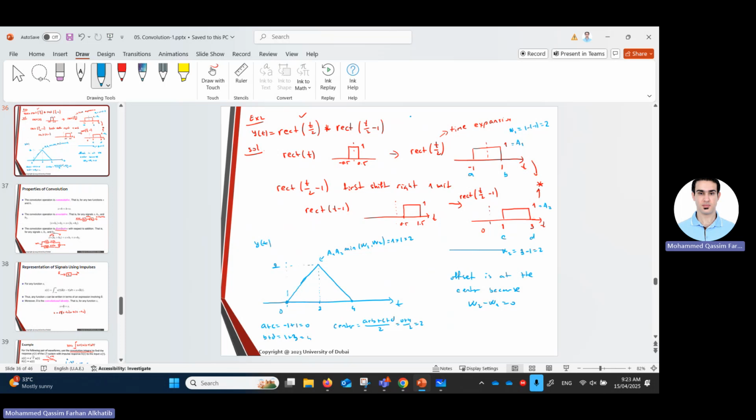Okay, so we have rect of t over 2. So what is the proper way to do it? Shift and scale, or scale and shift? First shift, then scale. Is that how we did it?